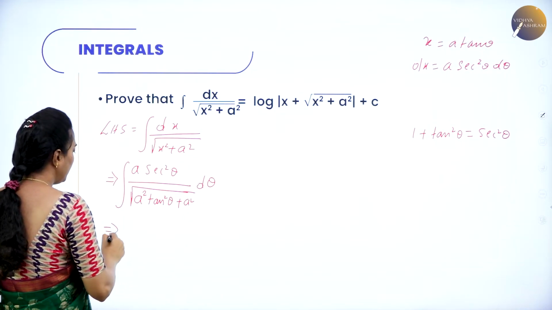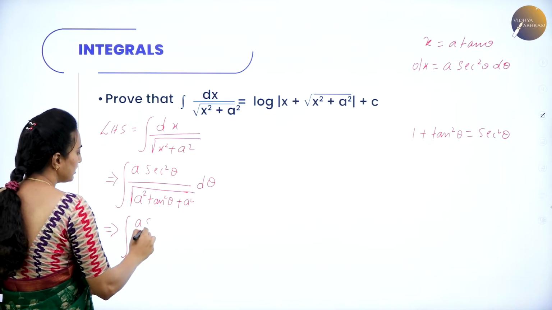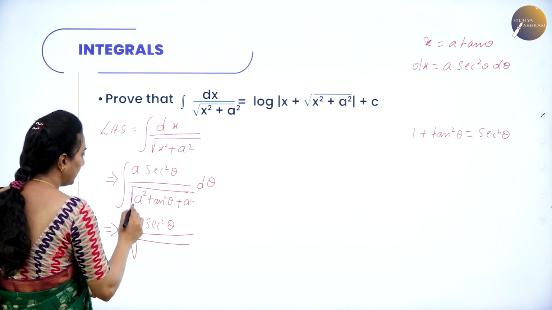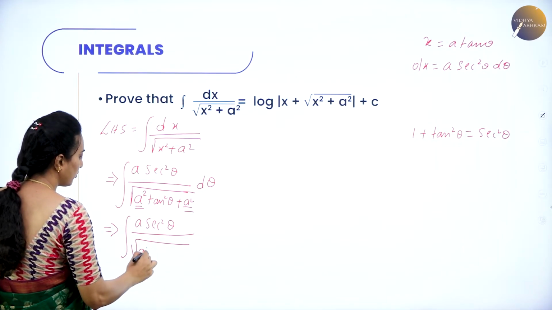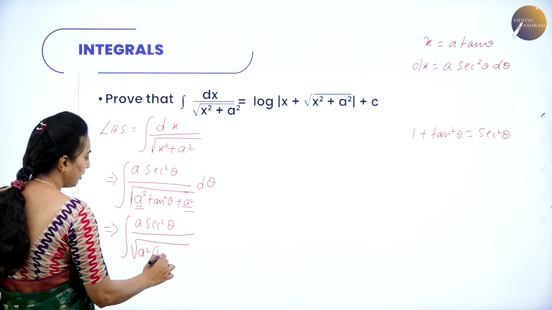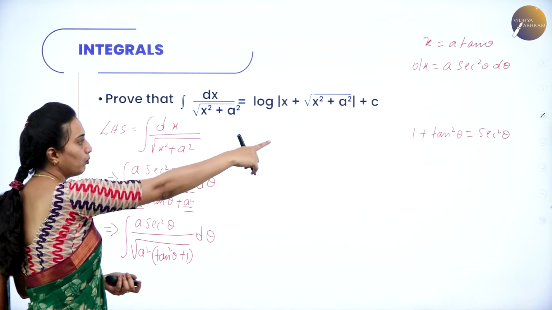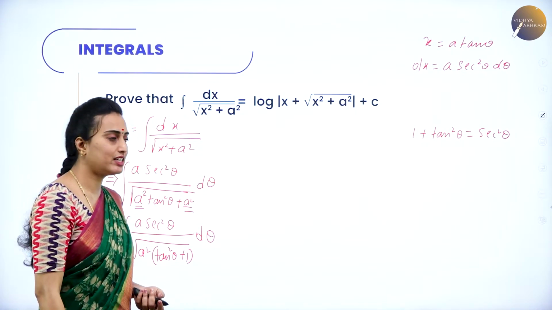Now taking the a squared common, a squared remaining is tan squared theta plus 1, or 1 plus tan squared theta. But what is 1 plus tan squared theta? It is secant squared theta.